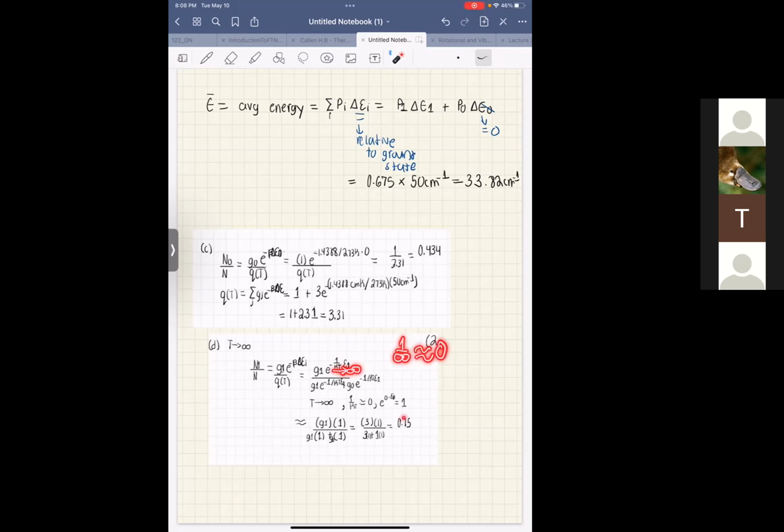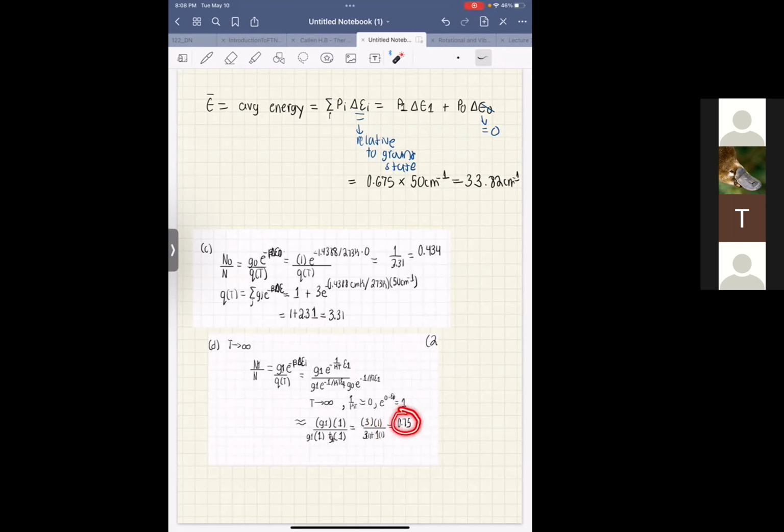So each exponent is going to go to 0. It's going to have e to the 0, and that will just equal g of 1 plus g of 0, and that's just 3 plus 1, and then 3 times 1 over 4 is 0.75.